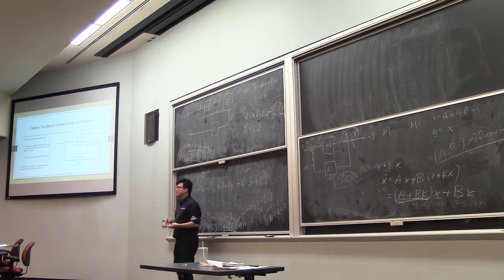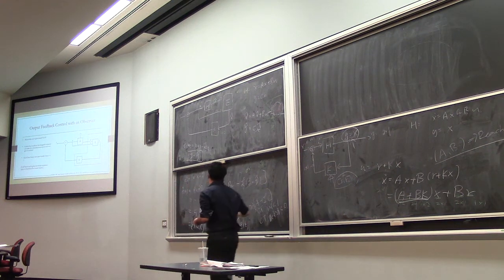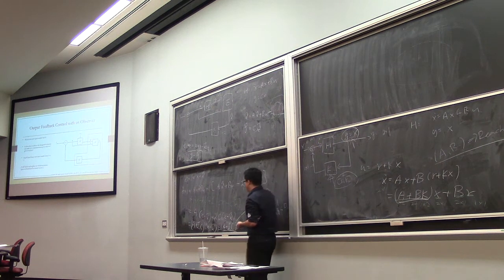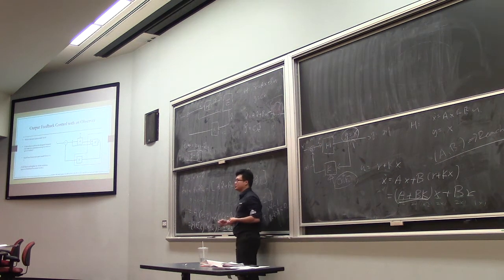I want to talk a little bit more about this matrix. This matrix's eigenvalues tell you how fast your error converges, right?